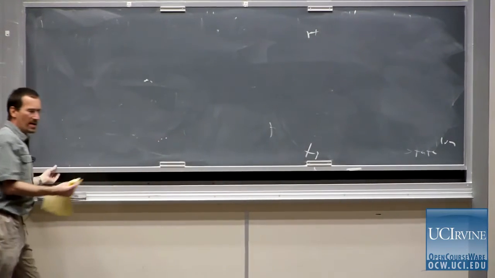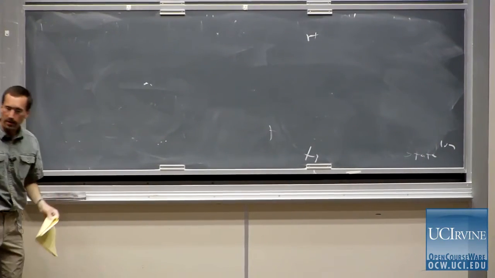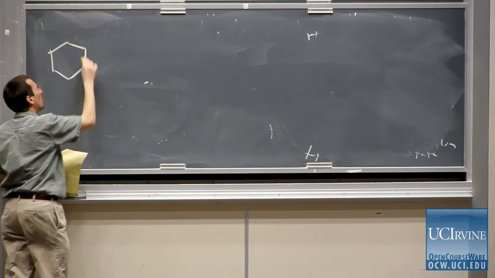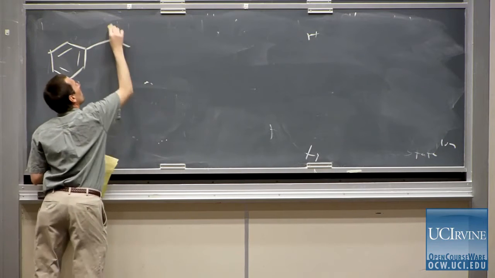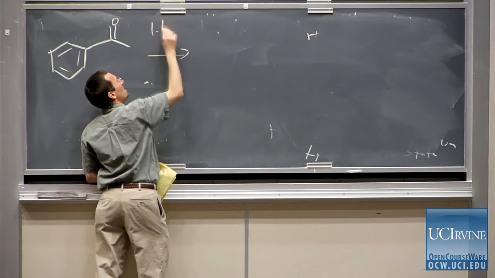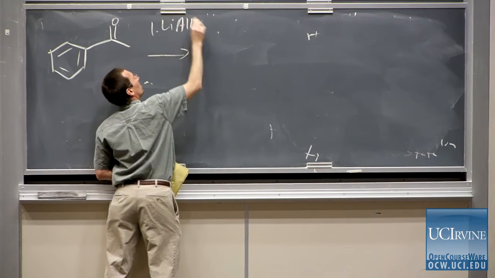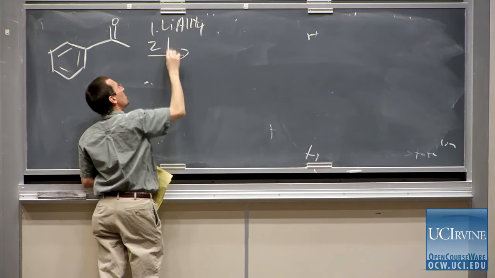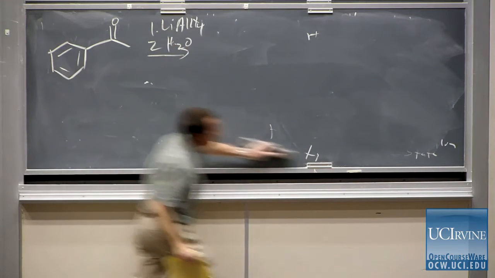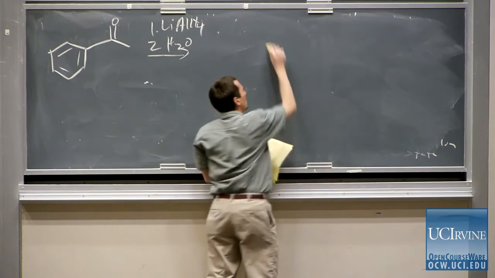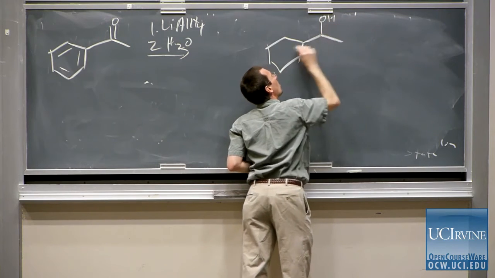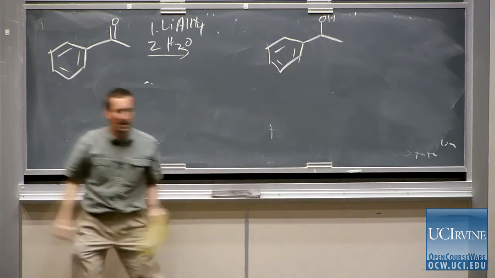So when we carry out a reduction reaction, when we, for example, take our benzophenone and we treat it with lithium aluminum hydride, and then we do a workup with water or aqueous acid, as I said, it's okay to use either. And I write this alcohol as our product.